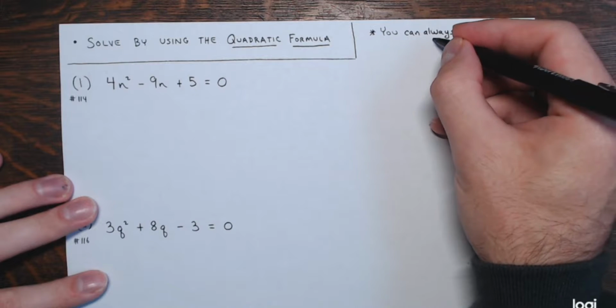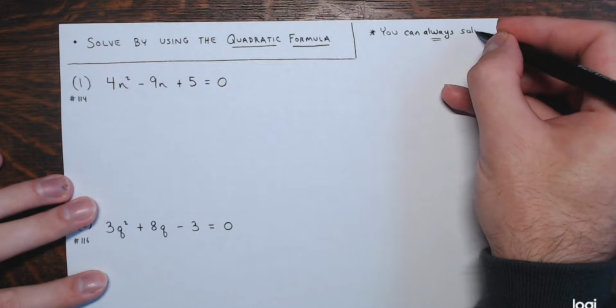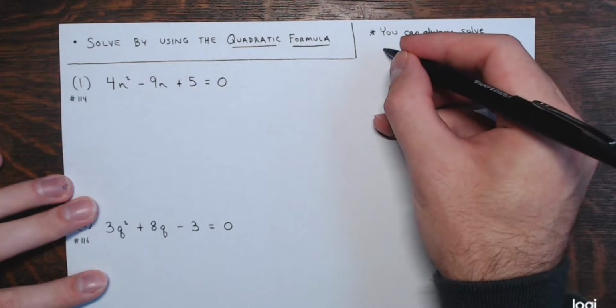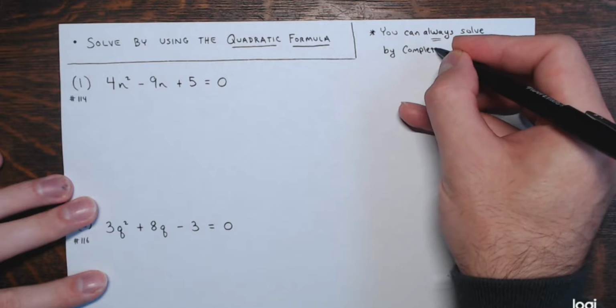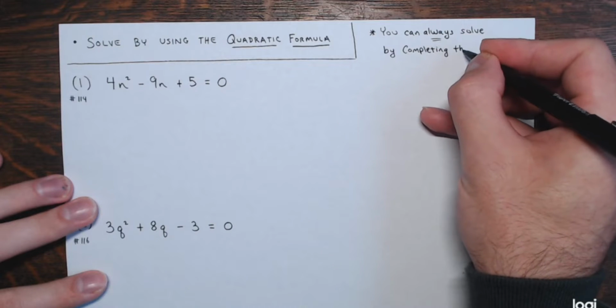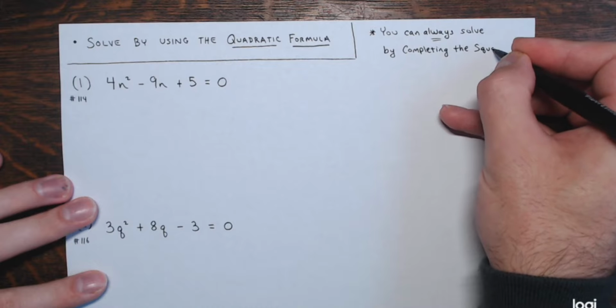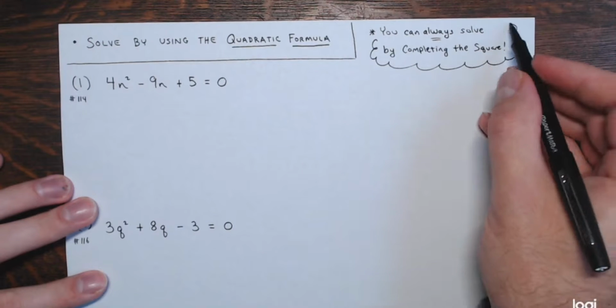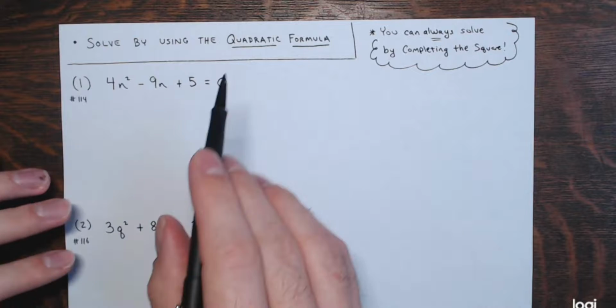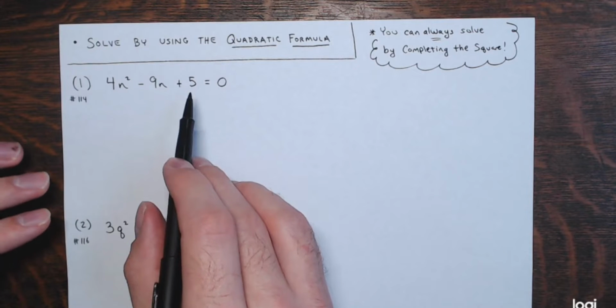But you can always solve quadratic equations by completing the square. Right. So just keep that in mind. So I'll do it in 2 ways. So first, by completing the square.